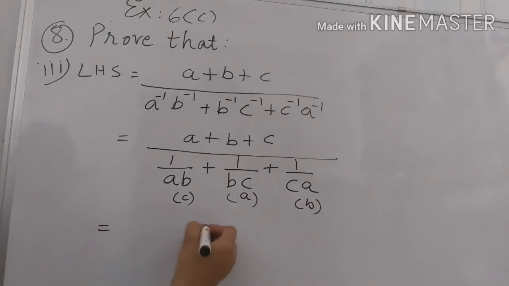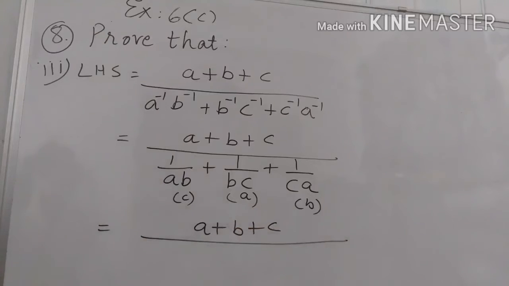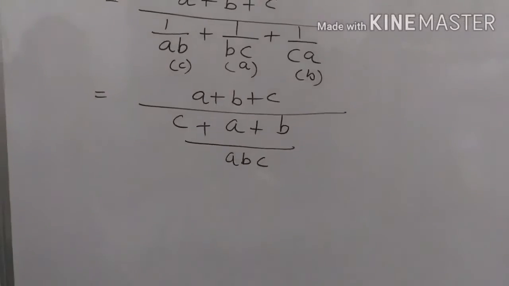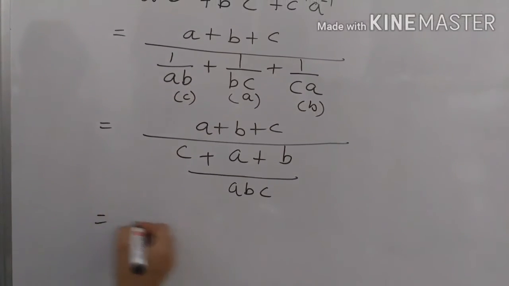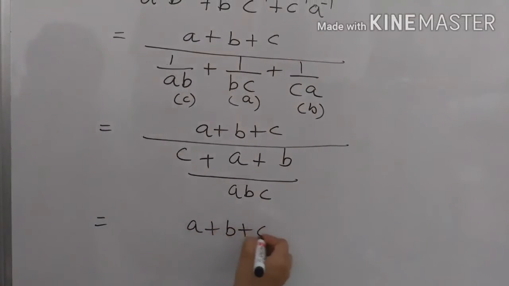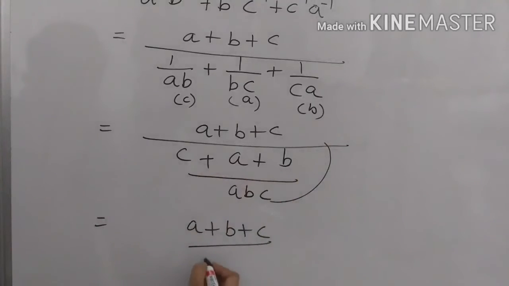So I write here a plus b plus c as it is in the numerator. This c we have to multiply with 1. So I get c, here a with 1, a, plus b with 1, so b, upon abc, because the LCM is abc. Now in the next step, this a plus b plus c as it is, and this will come upside, and this c plus a plus b I can write as a plus b plus c only.